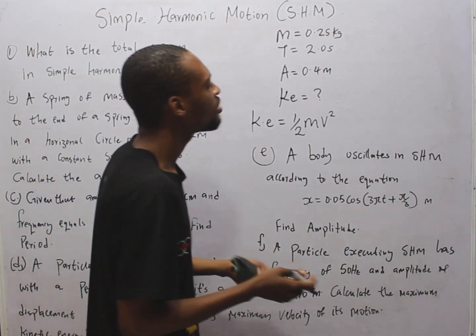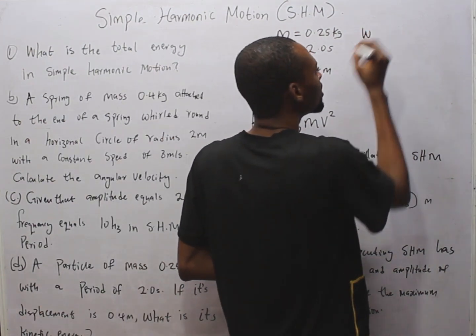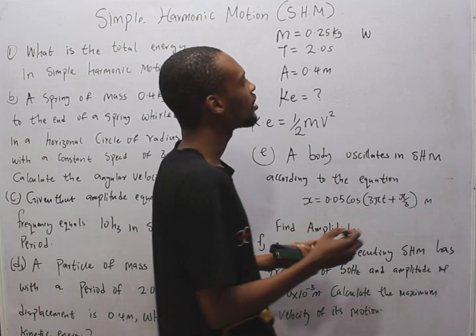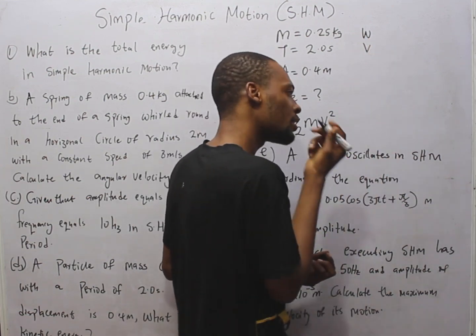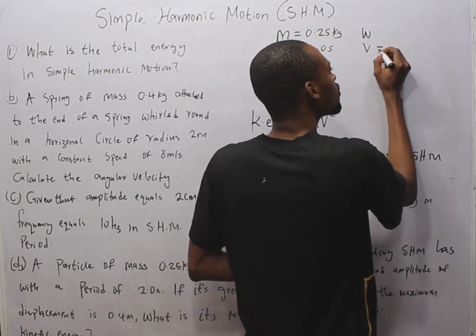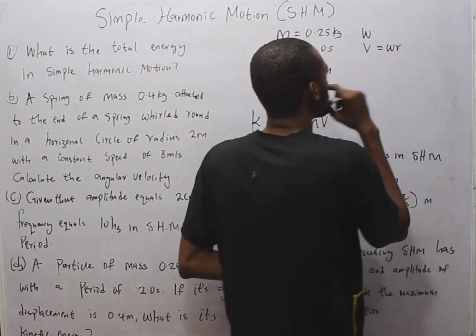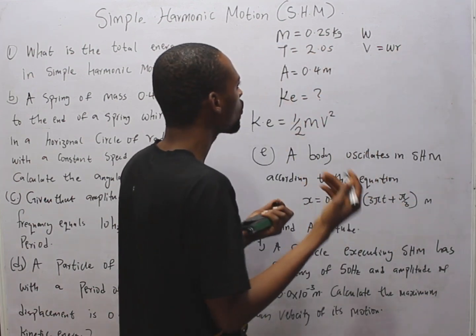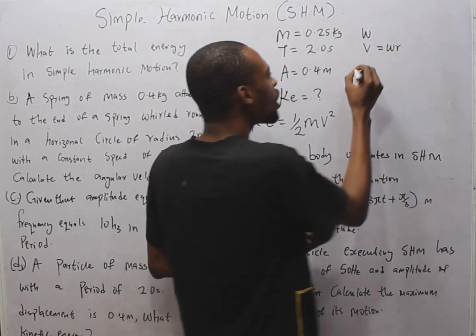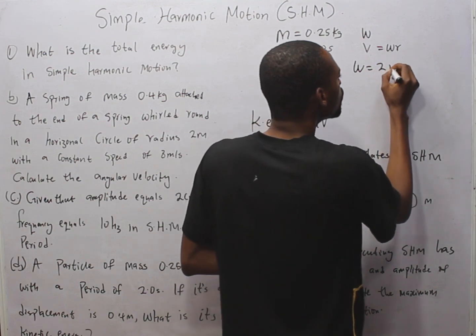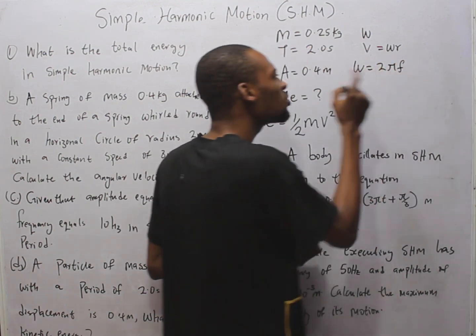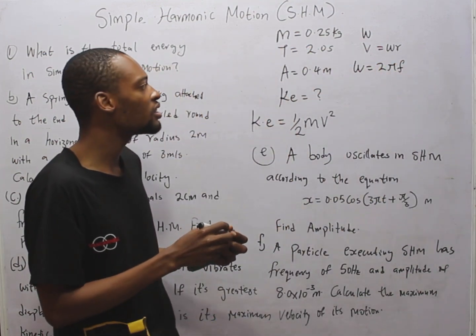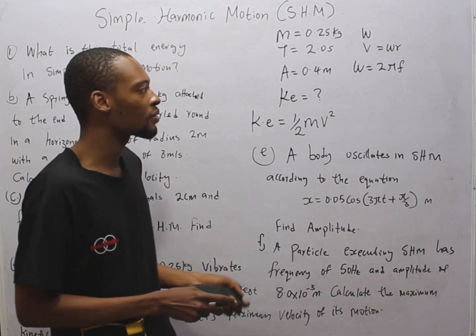Before then, remember that W is angular velocity, and V is linear velocity. V is equal to WR. What else? W itself is equal to 2 pi f. Take note of that. Angular velocity is equal to 2 pi f.